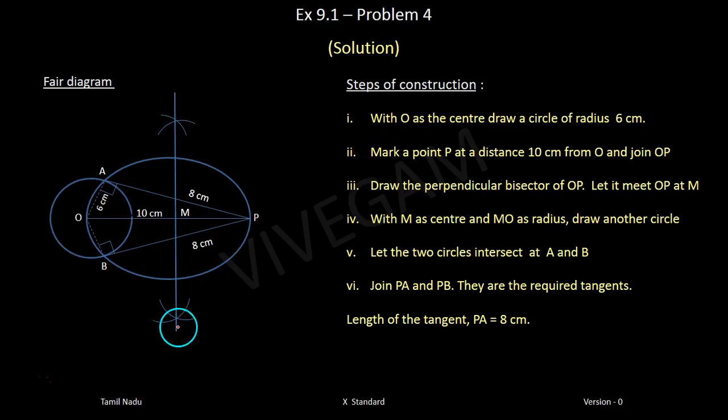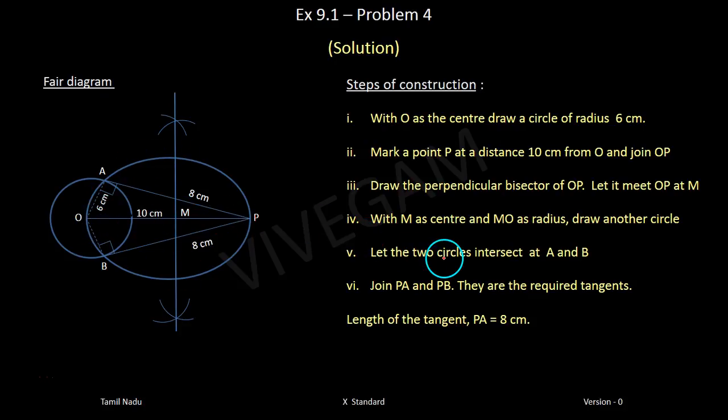Draw two arcs, one above, one below. And with P as a center, we are cutting two more arcs with the same radius. These two arcs intersect each other, join these intersecting points, and that is your perpendicular bisector. It cuts OP at point M. Then with M as a center and MO as a radius, draw another circle, this bigger circle.